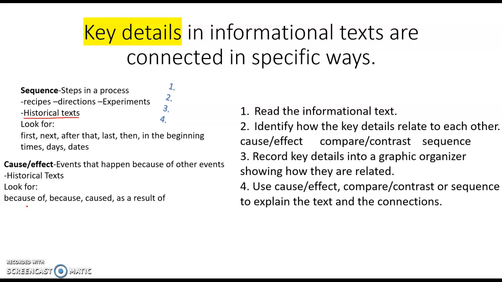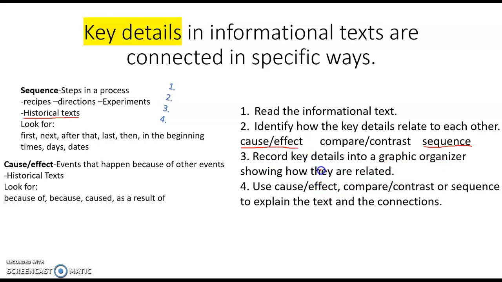So step one is we want to read the informational text, and then we want to identify how the key details relate to each other. So again, this week we're going to be looking at cause and effect and sequence. Okay, then we'll record our key details in a graphic organizer showing how they're related.